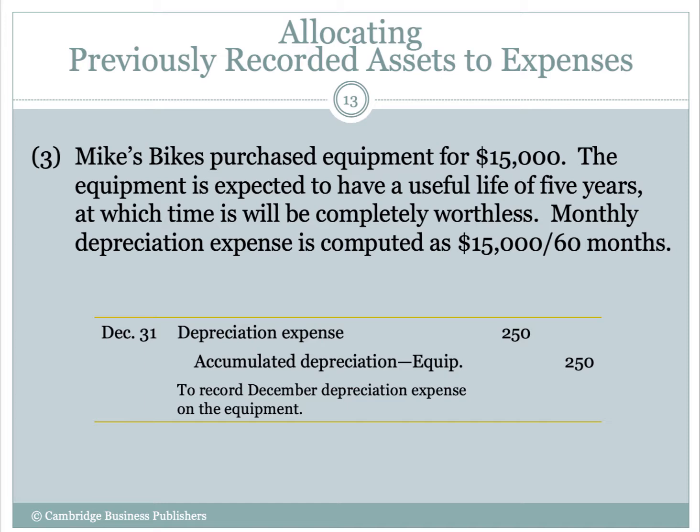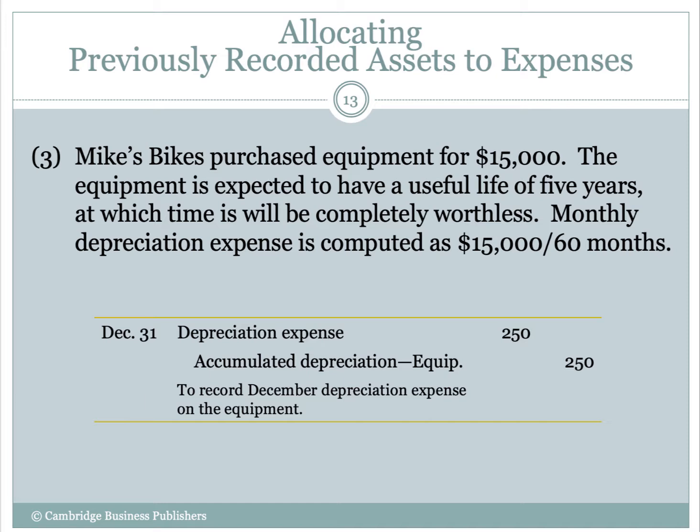Okay, why? Well, whenever we record assets, we record them at the cost, right? So way back whenever Mike bought that $15,000 piece of equipment, that's what Mike paid for it, 15 grand. It is always going to stay on our books at $15,000. We need to use a contra asset account, specifically accumulated depreciation, to determine our book value.